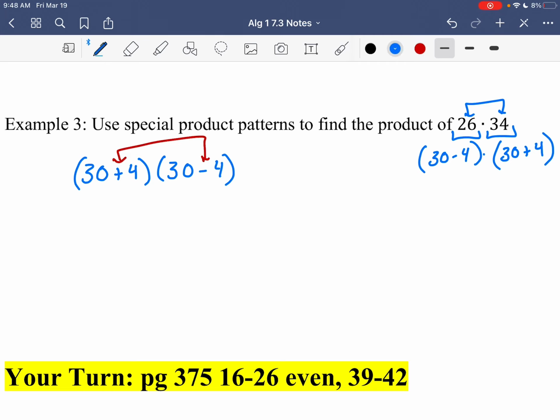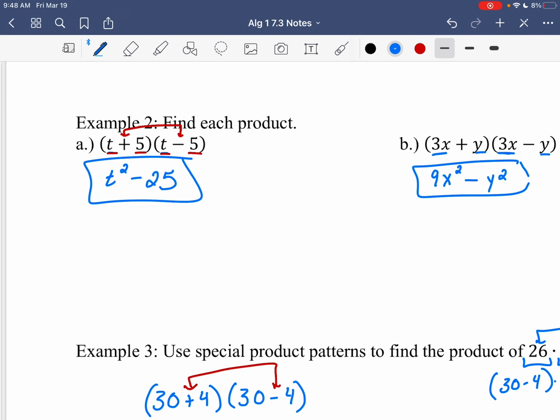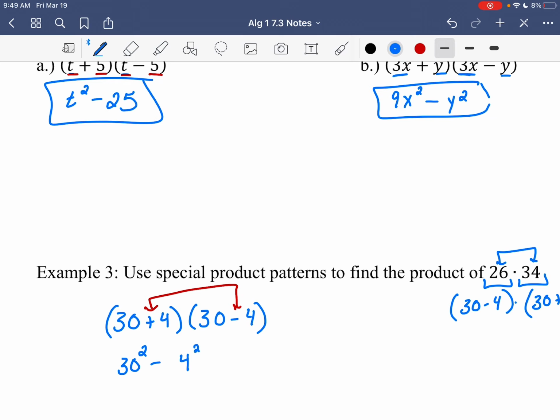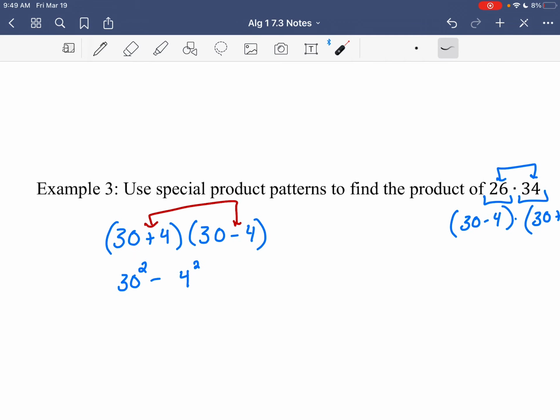So I can do mental math on these, meaning I can take 30 and square it, take the 4 and square it, and then subtract. Because that's our rule, right? When we have t plus 5 times t minus 5. Squaring 30 is not too bad. 30 times 30, well, 3 times 3 is 9, so 900, minus 4 times 4 is 16.